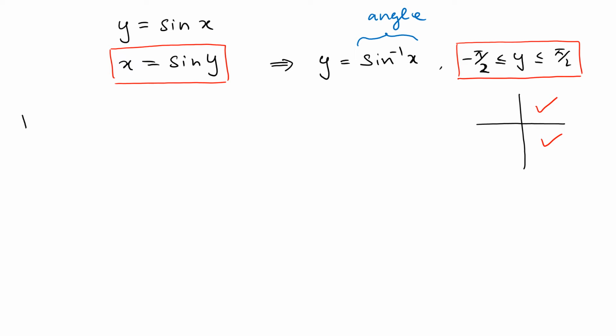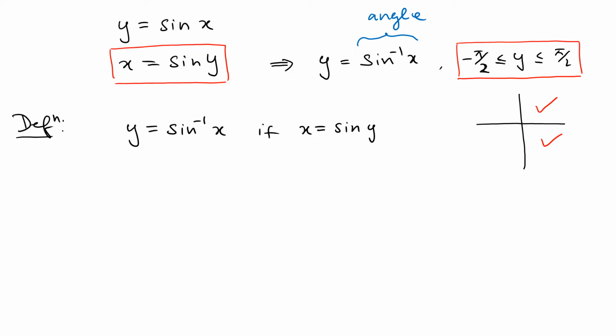So the definition is, we can say y equals sine inverse x if x equals sine y. That means we know that sine inverse x is an angle.